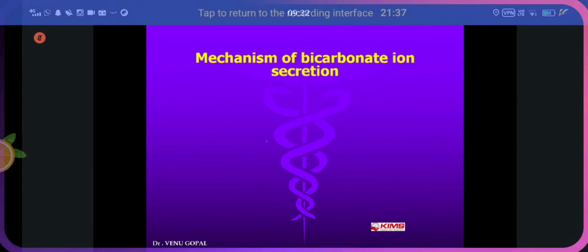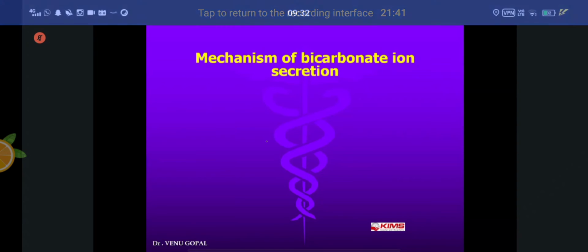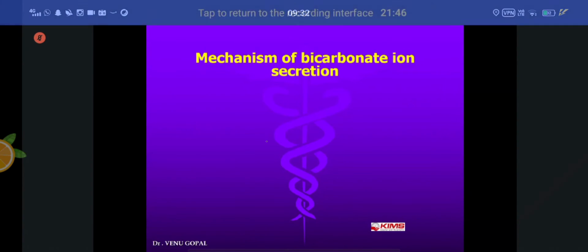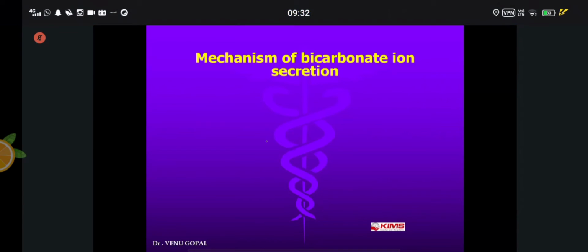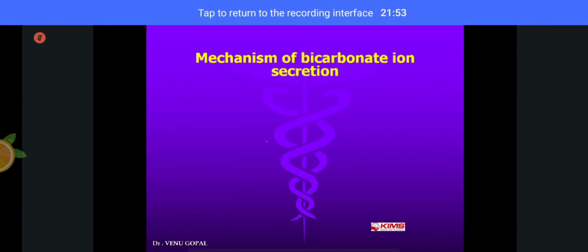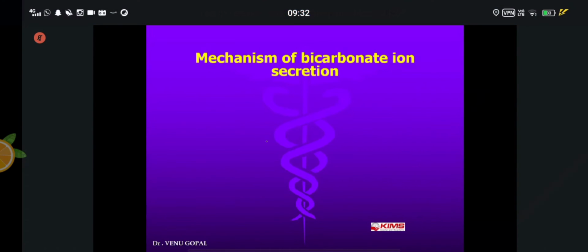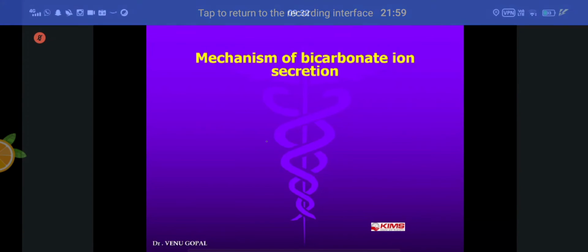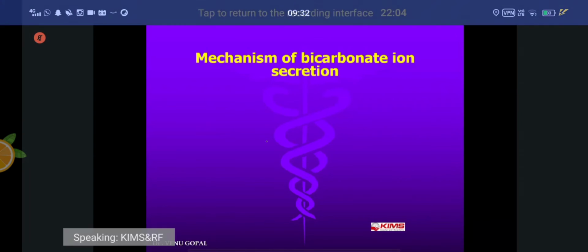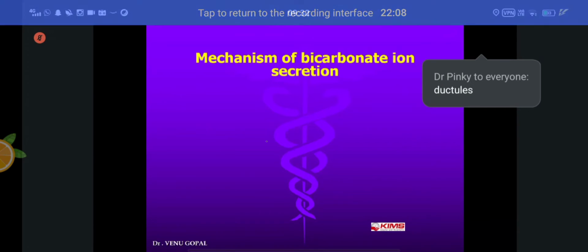The enzyme part of the pancreatic juice is released by the acinar cells of the pancreas, the exocrine part. What about the bicarbonate part? What is the exact cell that secretes the bicarbonate part of the pancreatic juice? Can you name the anatomical part of the pancreas that secretes bicarbonate and water?